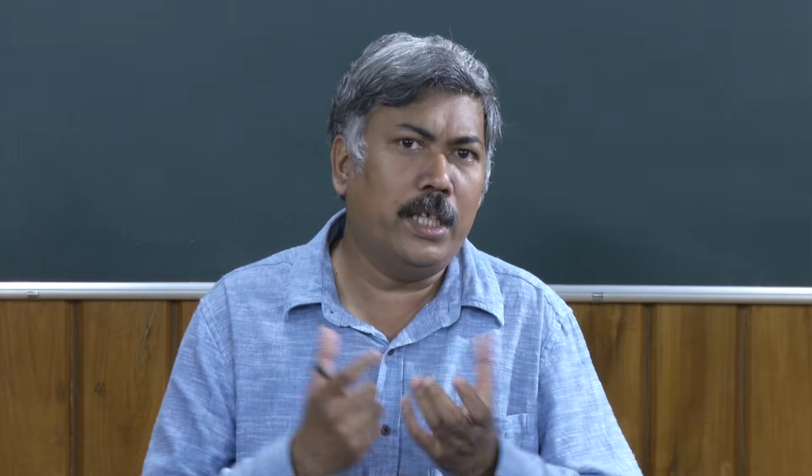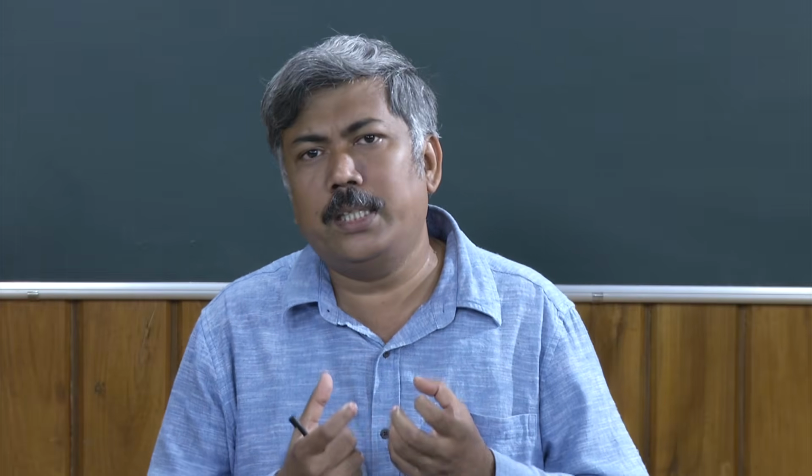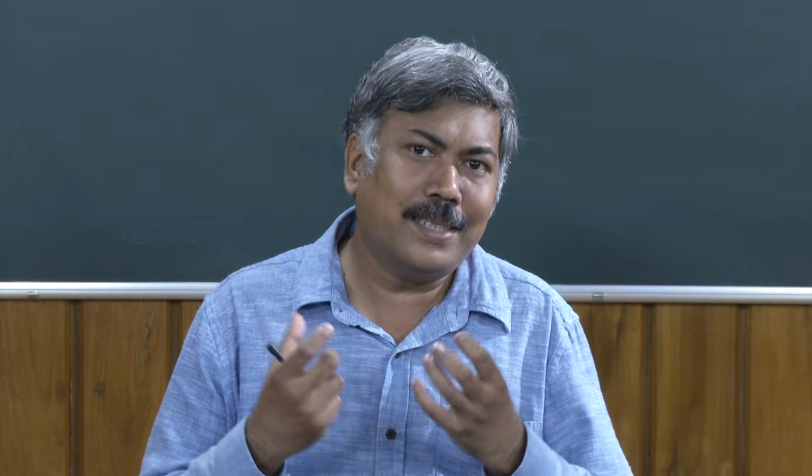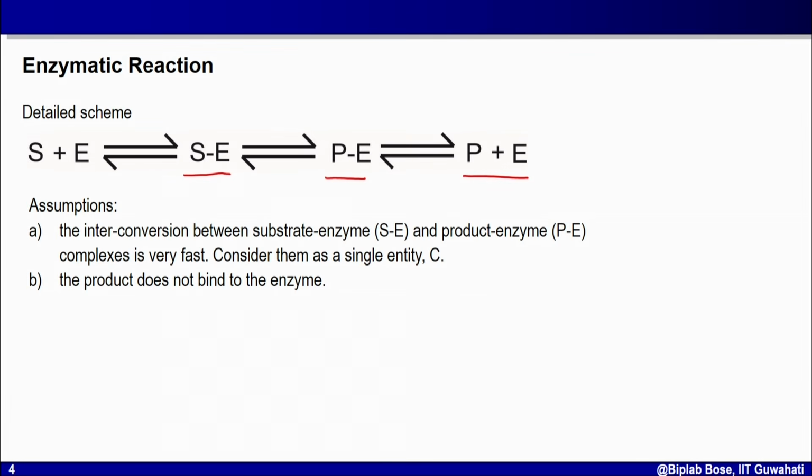So usually in chemistry labs also people will consider both of them together as a single entity and will consider them as a C complex. So I will consider this whole thing as a single thing, C, as a complex. I will not separately consider them. And the next assumption, which is also very logical, is that the product does not go back and bind to enzyme again. That means I am not considering this step as a reversible one.